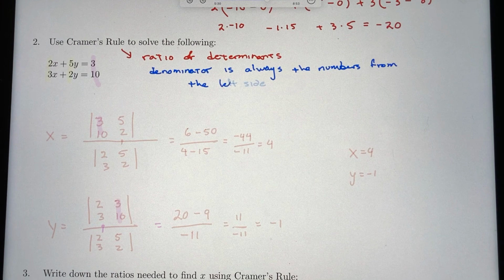Okay, so when I build this, I'm going to say x equals, and then something over, the left side again, which is 2, 3, 5, 2.